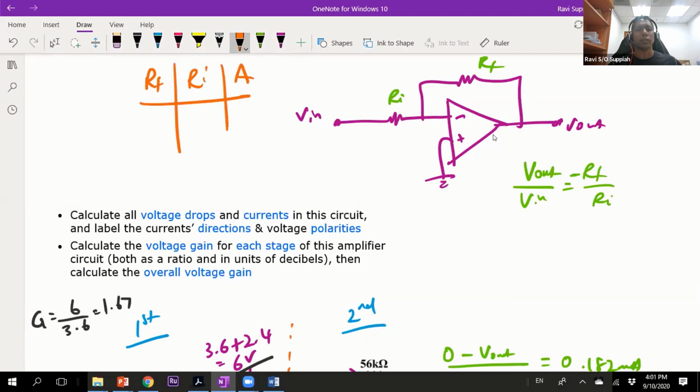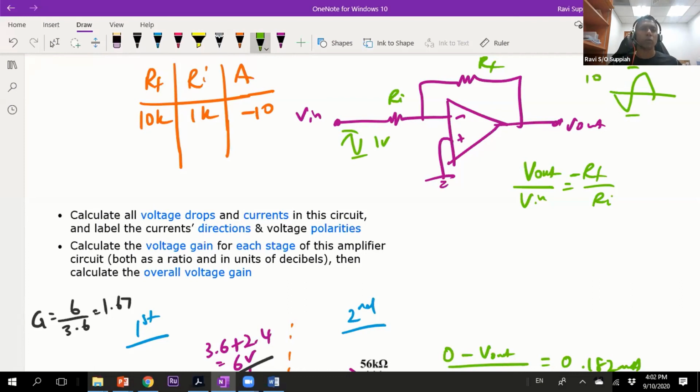If RF is 10k and RI is 1k, then my gain is negative 10. If I put in a signal of maybe 1 volt peak to peak, the output will be 10 volts peak to peak, but it will be inverted. It is still amplified by 10 times.